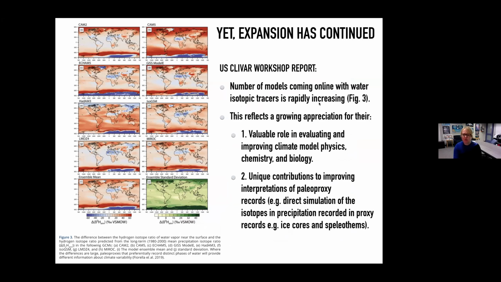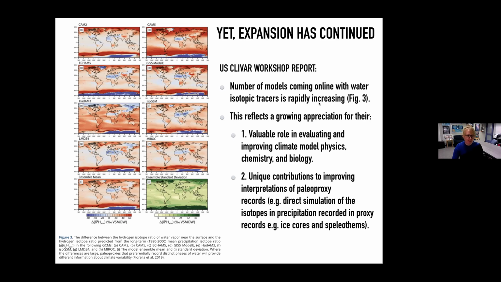Again, this reflects a growing appreciation for their valuable role in evaluating and improving climate model physics, but also now chemistry and biology, and their unique contributions to improving our interpretations of paleoclimate records. I'll talk a little bit more, since this is more my area of expertise, about their critical role in linking observations to models in the paleoclimate realm.